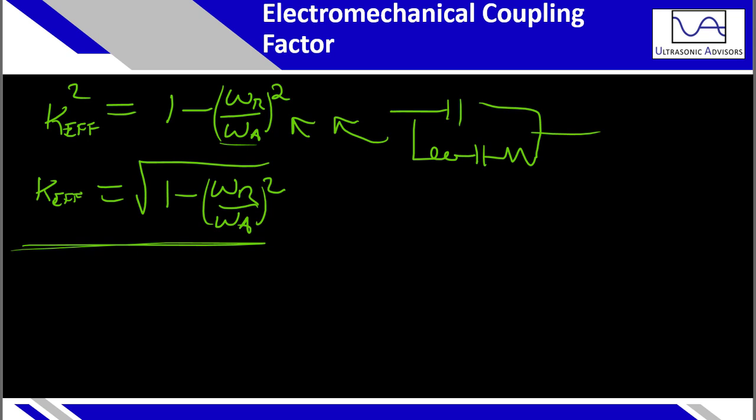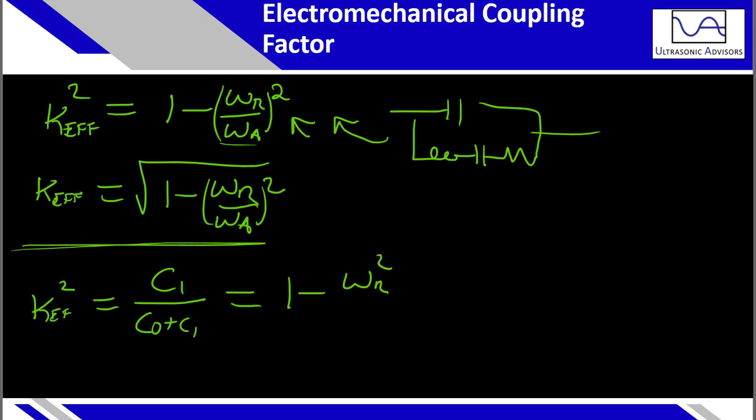Now you'll note that this relationship still holds, that the coupling factor squared is equal to C1 divided by C0 plus C1, and that now is equal to 1 minus omega r squared divided by omega a squared.